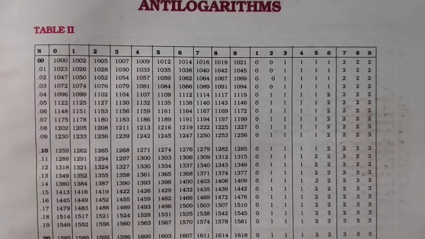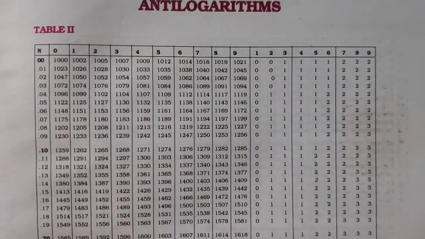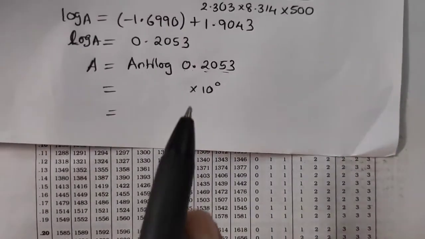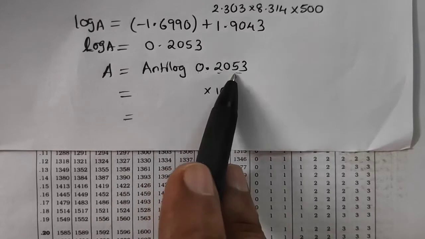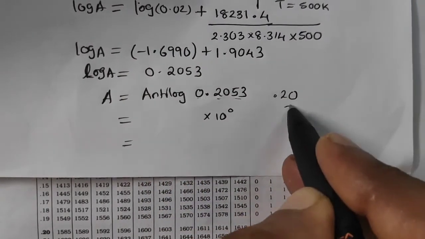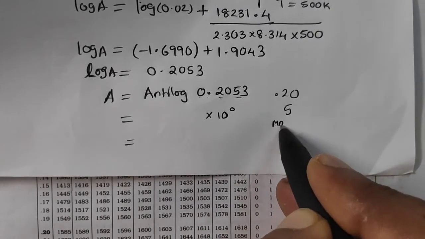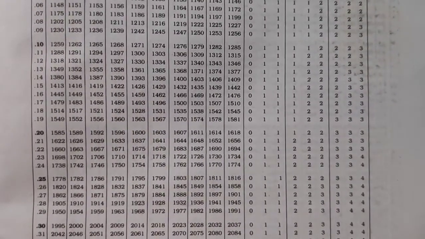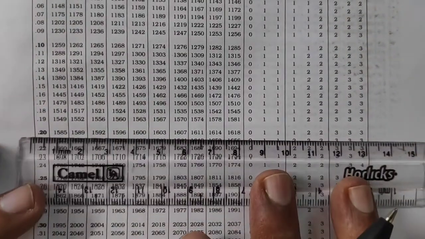See, this is the anti-log table given in your book. We need to find 0.20, with 5, and in the mean difference we will see 3. You can see this row is 0.20.